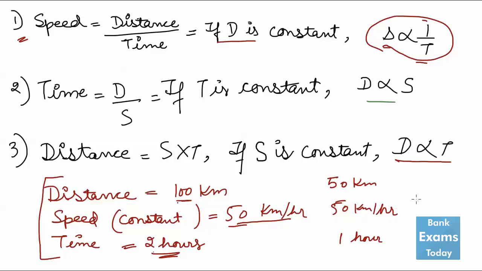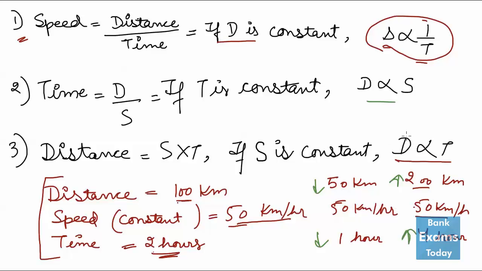In case the speed is constant again and the distance increases from 100 kilometers to 200 kilometers, we can cover 200 kilometers at 50 kilometers per hour in 4 hours. 200 divided by 50 is 4 hours. So as the distance decreases, the time to cover the distance also decreases, and as the distance increases, the time to cover the distance also increases.